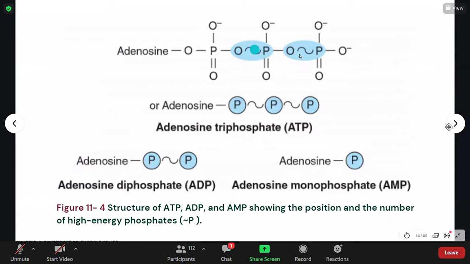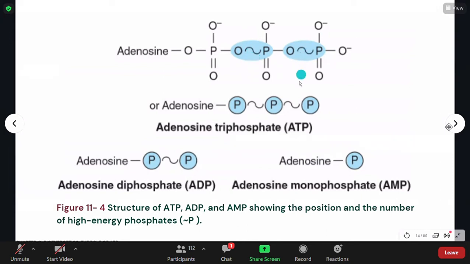That's a tilde sign in your computer. But this sign in your bioenergetics is known as the squiggle.